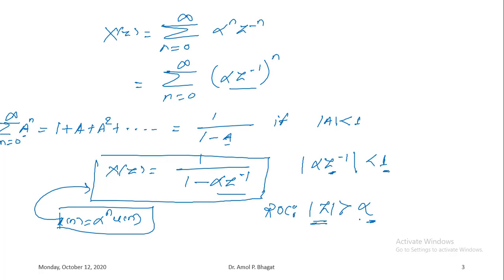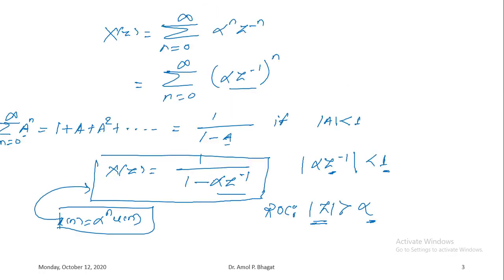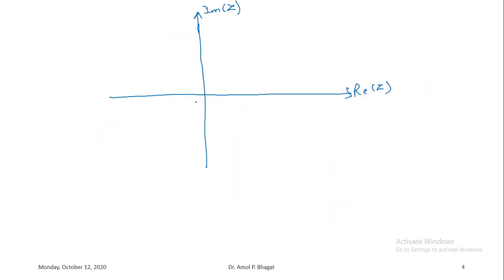So to plot this ROC, again we will be plotting the real values of z on the x-axis and imaginary values on the y-axis. To plot this ROC, as mod z is greater than alpha, we'll draw one circle with radius alpha from this center.